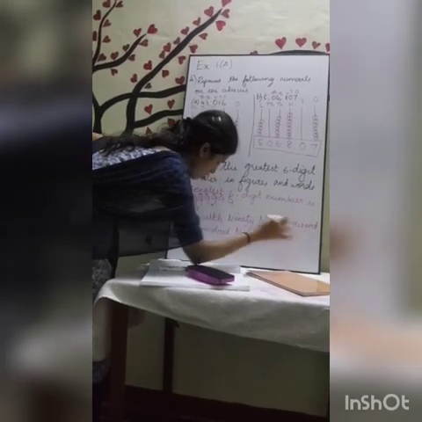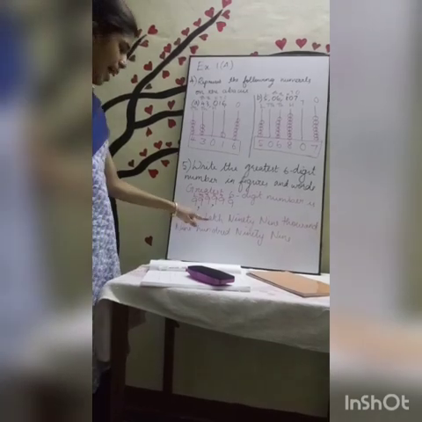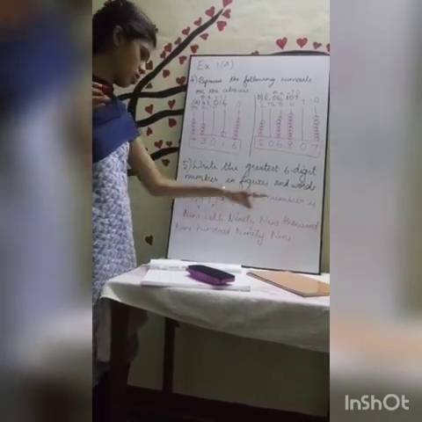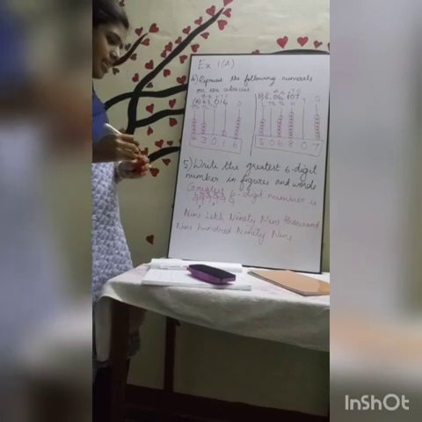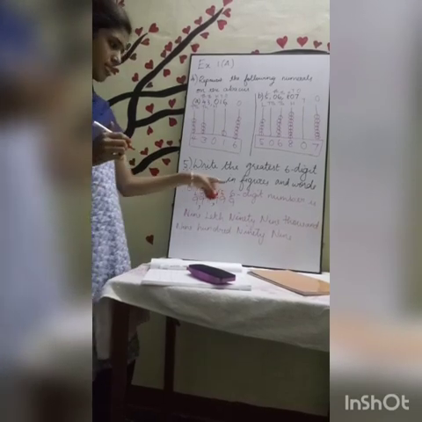Okay, understood? See here, 9 lakh 99,999. This is your greatest 6-digit number.